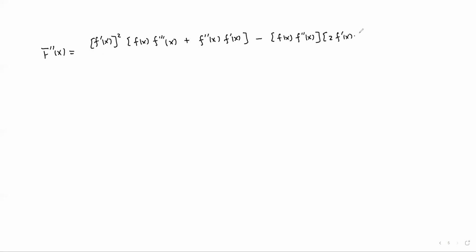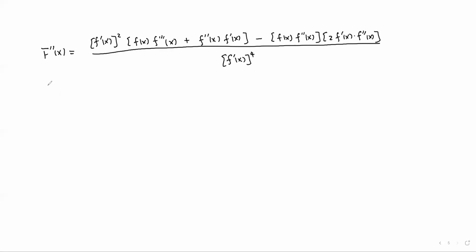The second derivative is equal to the numerator with f prime squared times f of x, plus a minus times 2 f first derivative times second derivative, and then all divided by the denominator squared. The power is 4.